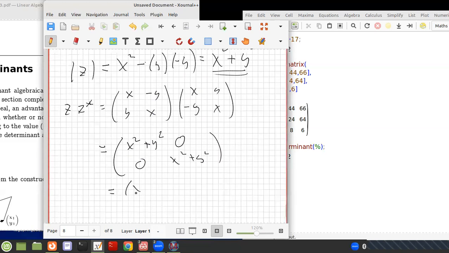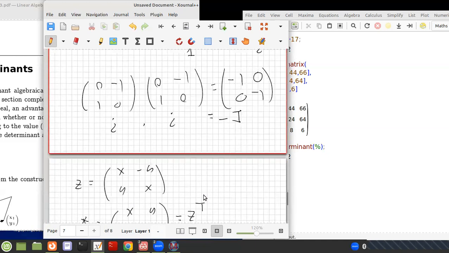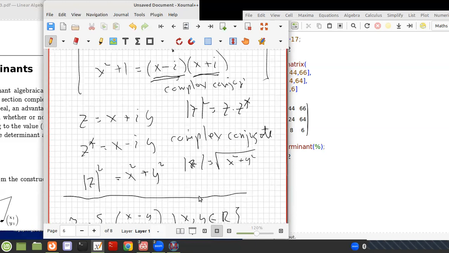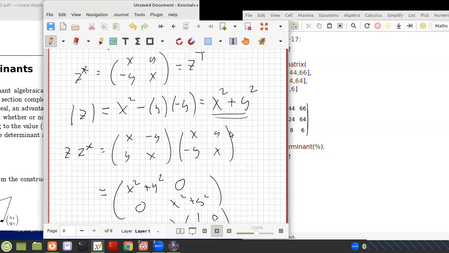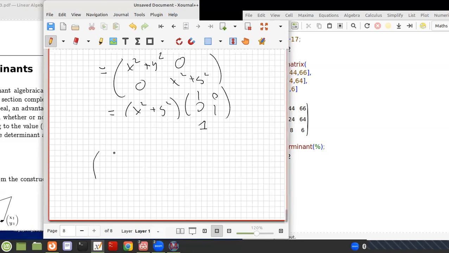It equals x squared plus y squared times the matrix (1, 0, 0, 1), which, if you're thinking of this as the identity, corresponds to what's happening up here with the magnitude squared equals Z times Z star, which is the complex conjugate. So the whole thing works, in the sense that the set of matrices of this form, you can just think of them as the complex numbers. So the complex numbers are not just, they're like these two by two matrices.